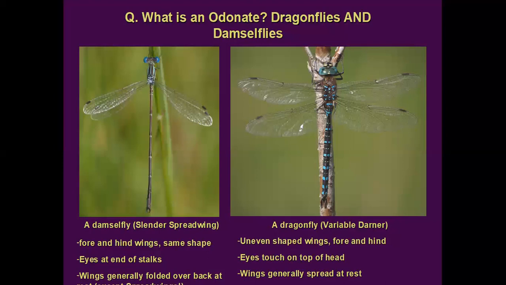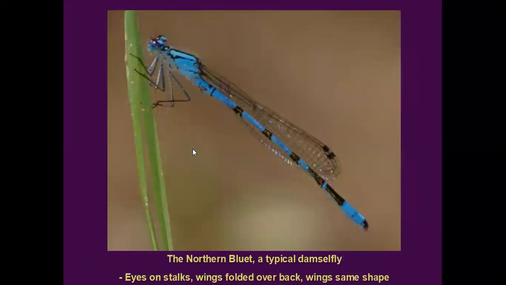But damselflies tend to fold their wings over their back, except for this family of damselflies called the spreadwings, so it allows us to see their wings better in this case, but most damselflies have their wings folded over their back. So here's a typical damselfly from our area, the northern bluet. Its eyes are on stalks, wings folded over the back, and all four wings are the same shape and size.